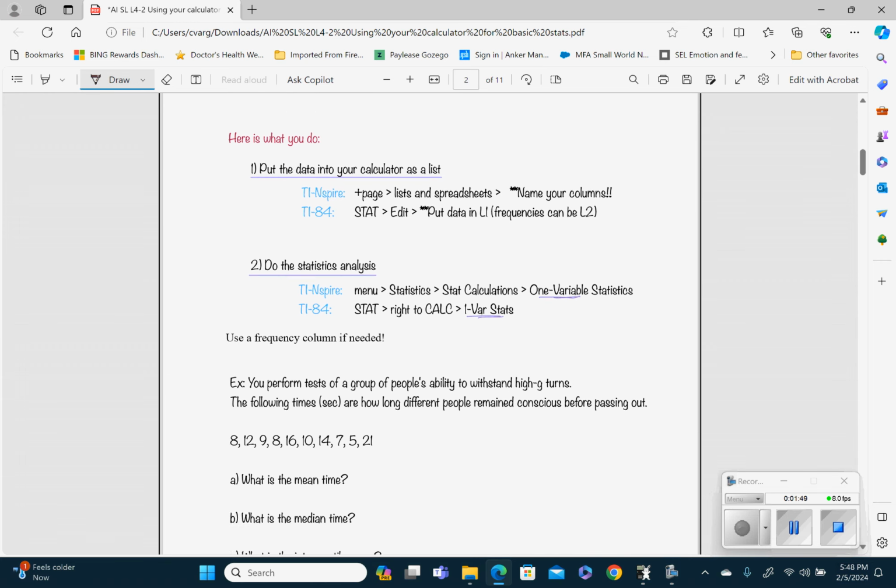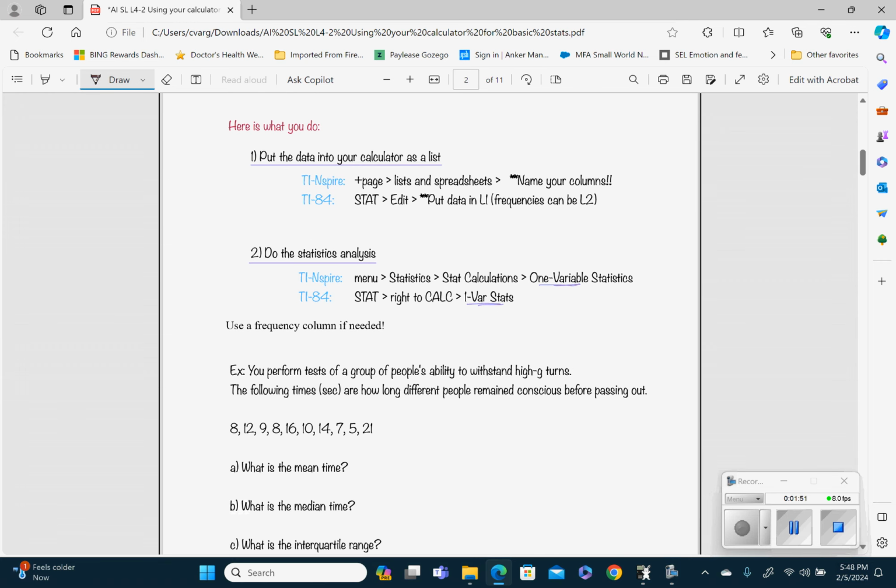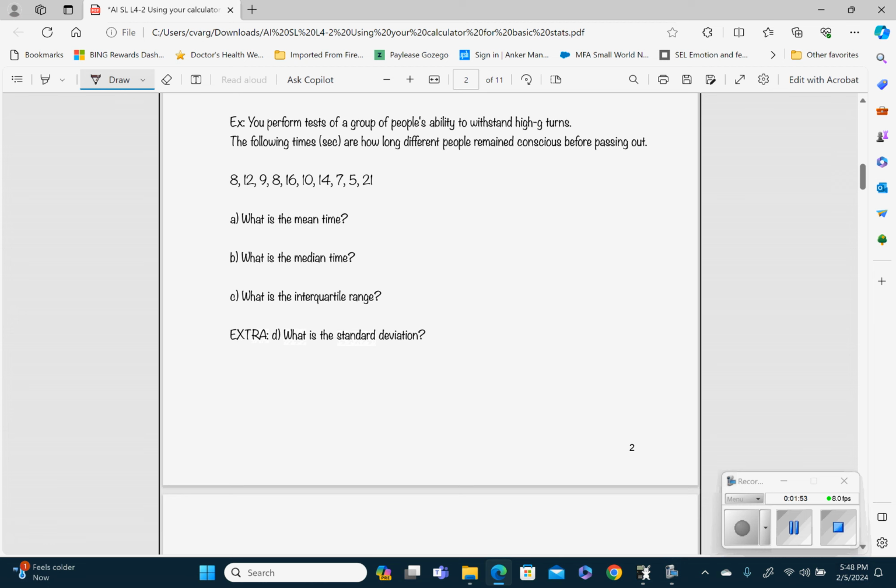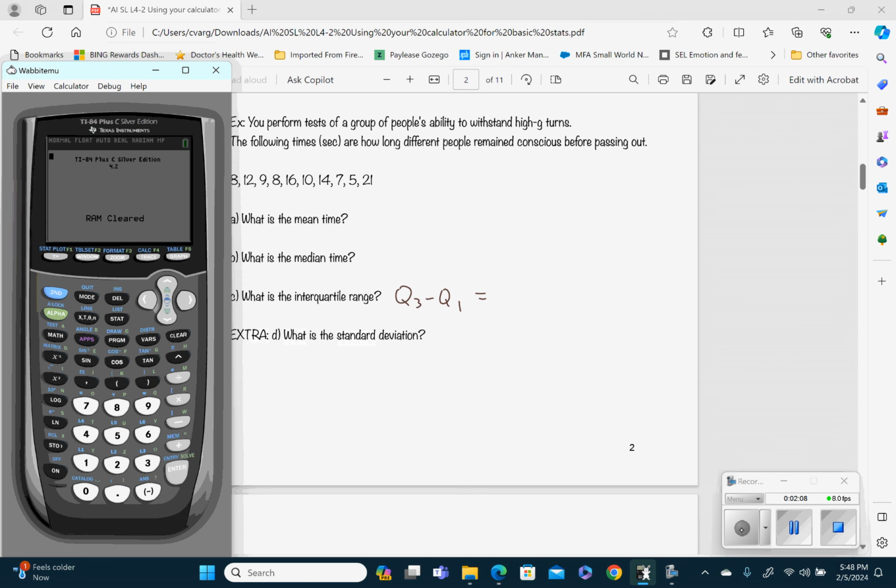All right. This is just a refresher about how to plug stuff into a calculator. So how do you get the mean, the median, the interquartile range, and the standard deviation? Refresher, right? Interquartile range is Q3 minus Q1, and this is given from our five number summary. So how do we get the five number summary?